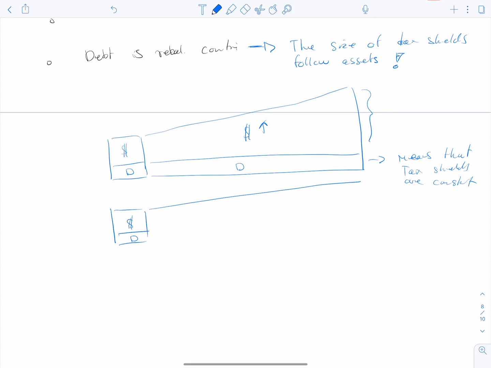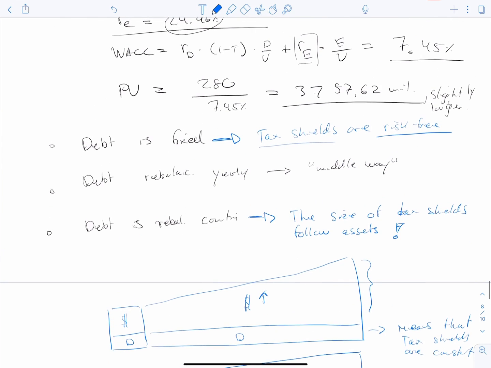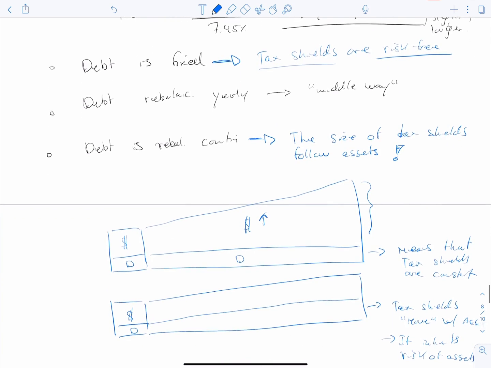But then if firm performance goes up, you basically have the debt proportion. This is not really a nice looking line, but basically the proportion of debt goes up. So that means that tax shields move with assets, which basically means that it or they, the tax shields, it inherits risk of assets, which might seem counterintuitive, right? But it's the way it is basically.